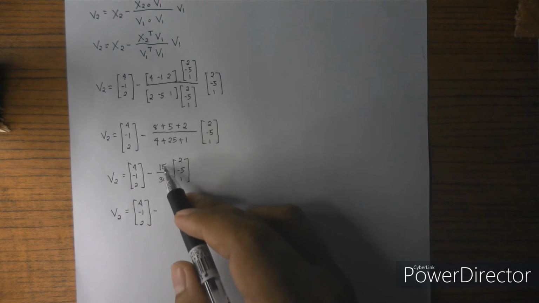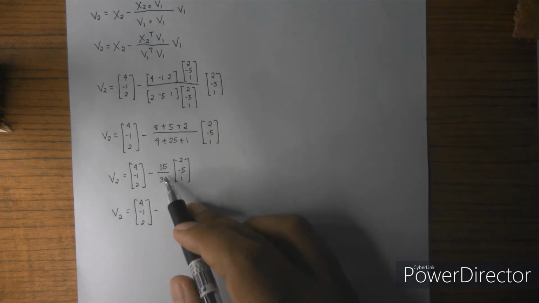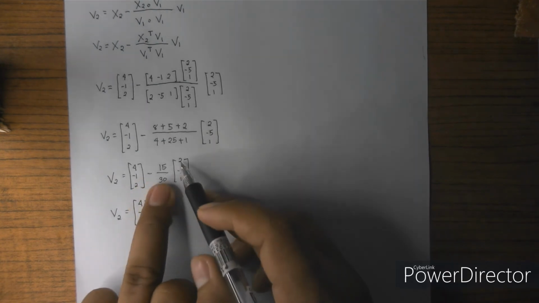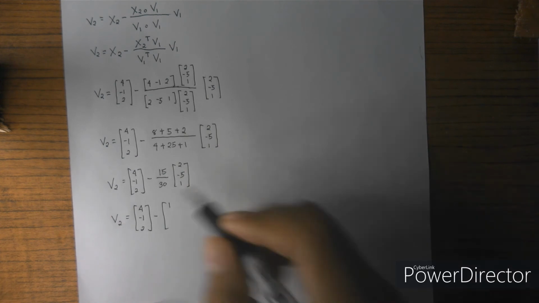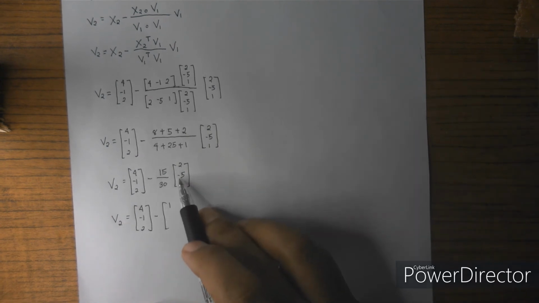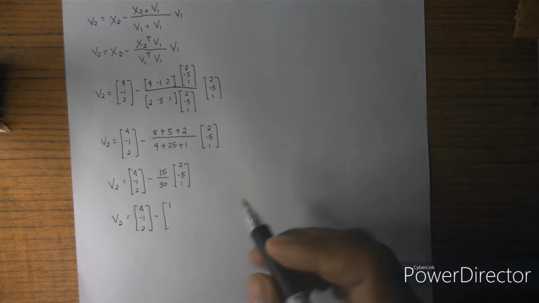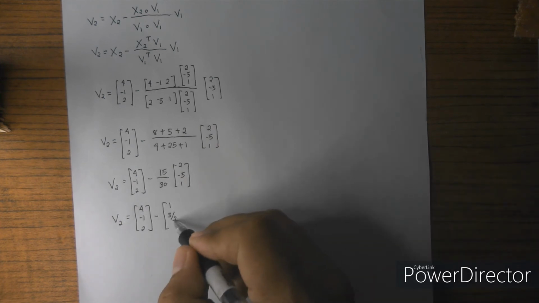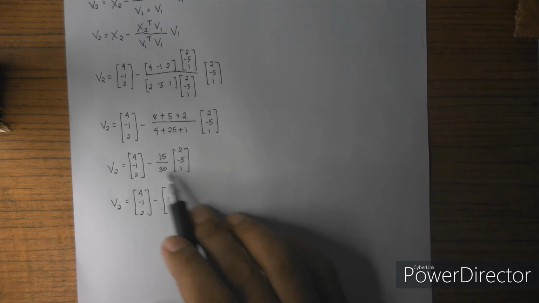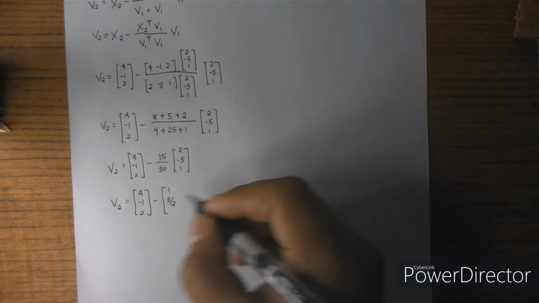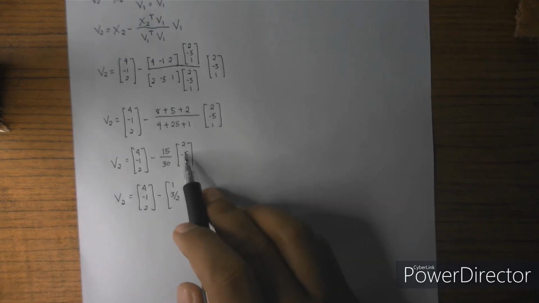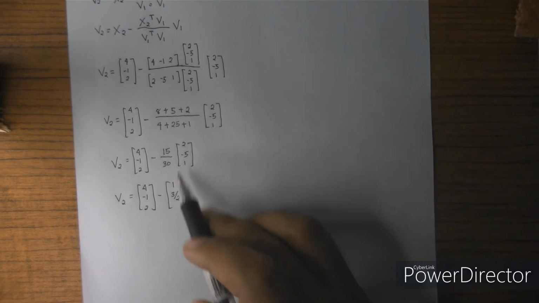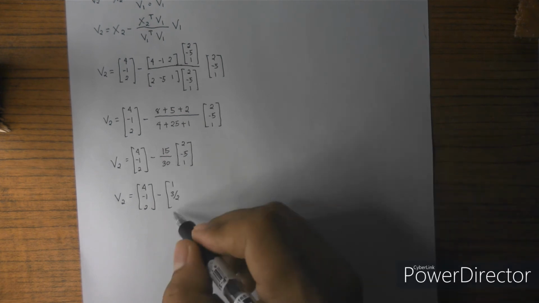So 1/2 times 2 gives us 1, 1/2 times negative 5 is negative 5 over 2, and 1/2 times 1 is 1/2.